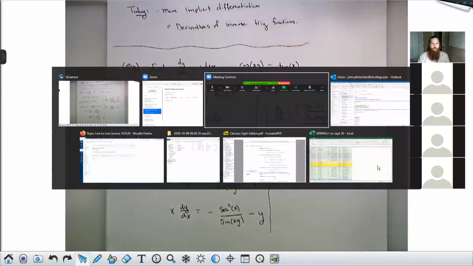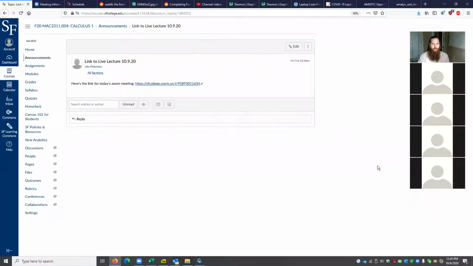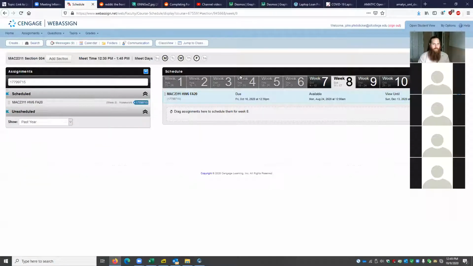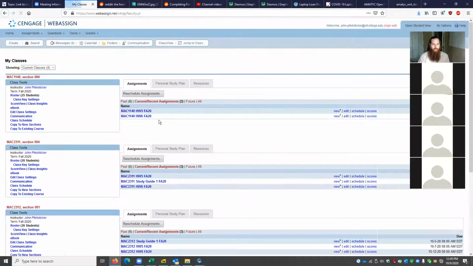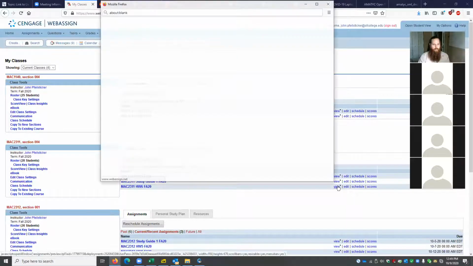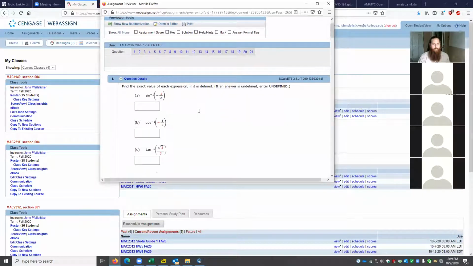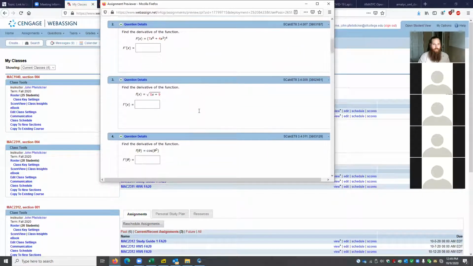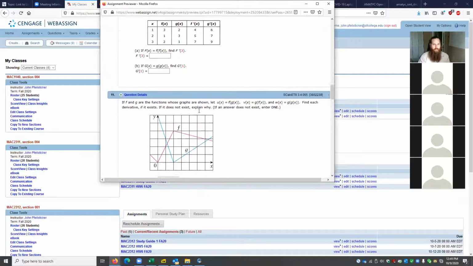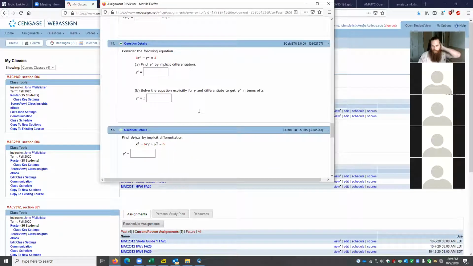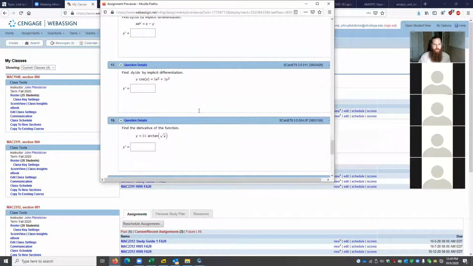Okay, let's grab this next example from your homework. There we go. So we'll come back to the inverse trig stuff a little later. Let's do something involving implicit differentiation, something a little bit tricky.